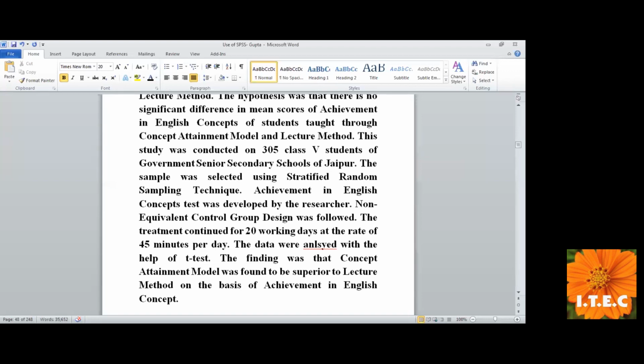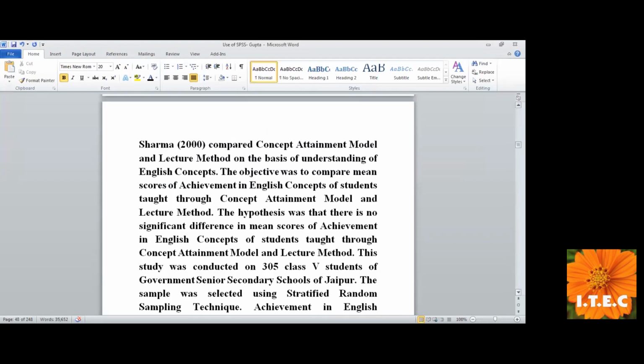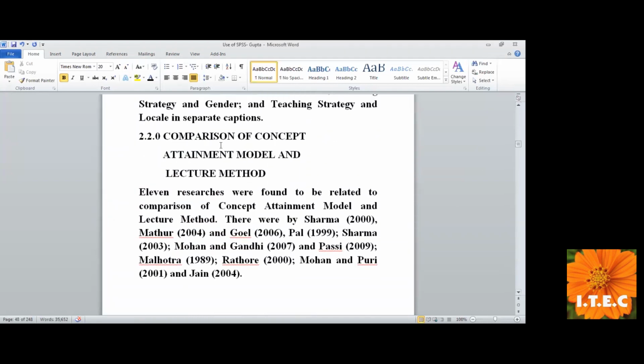So one paragraph you have to write like this. If there are 10 researches you have cited, there must be 10 paragraphs. Now, once you write this, then you have to take the next one. Here you have written some 12, so there must be 12 paragraphs.